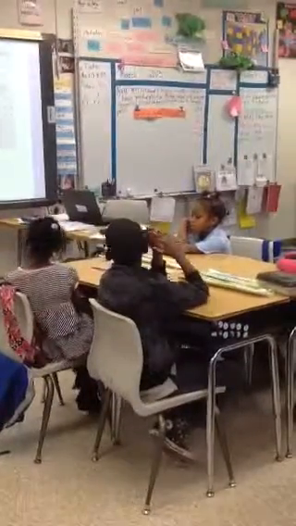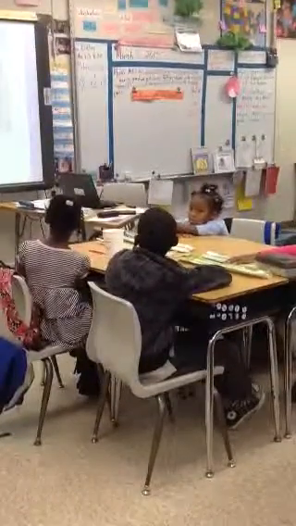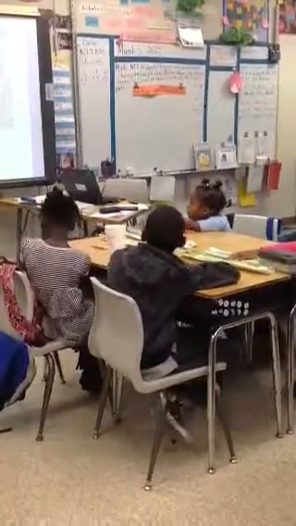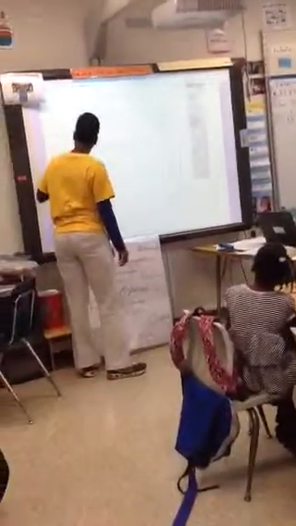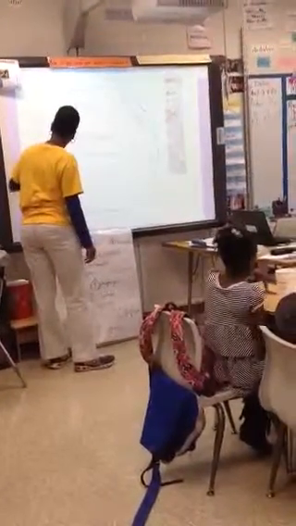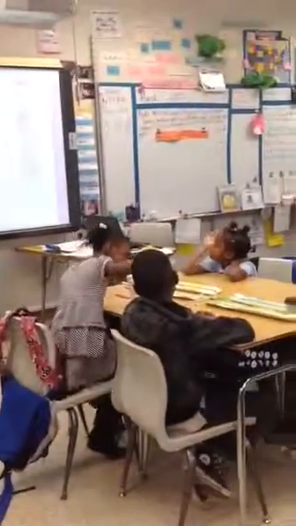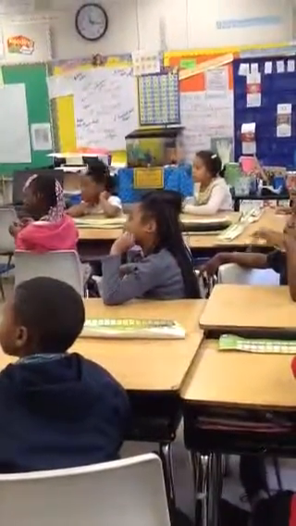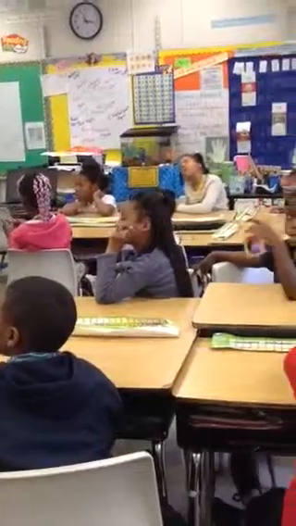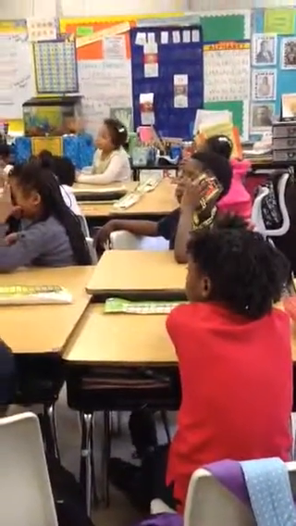Demarion, it's a 2D shape. Very good. Now what does 2D mean? Two-dimensional, 2D shape. Okay, call someone else. Jose. It's a polygon. Call someone else.